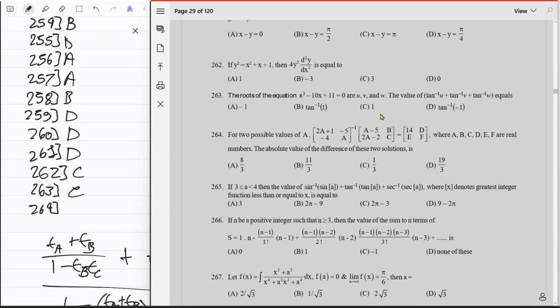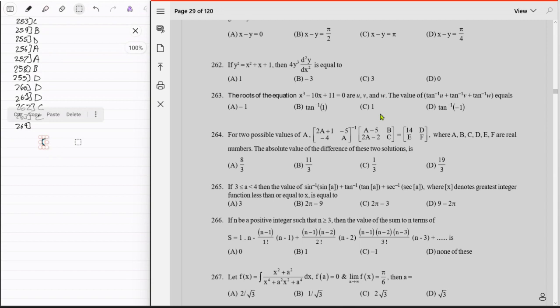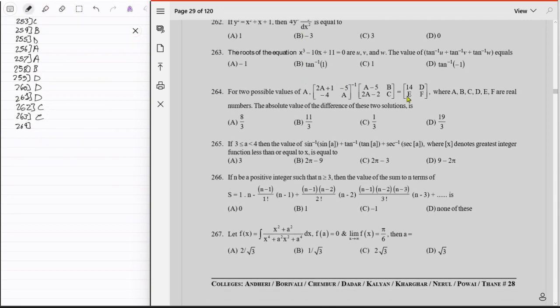264. For two possible values of a, this thing is equal to this, where a, b, c, d, e are real numbers. The absolute value of the difference of these two solutions is... Okay, we got two solutions, and we need only their difference. So this happens.